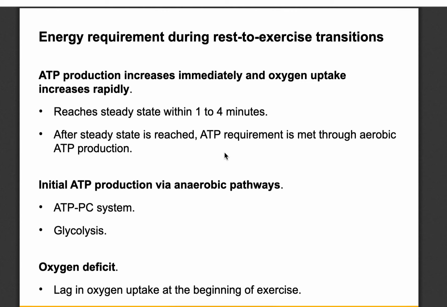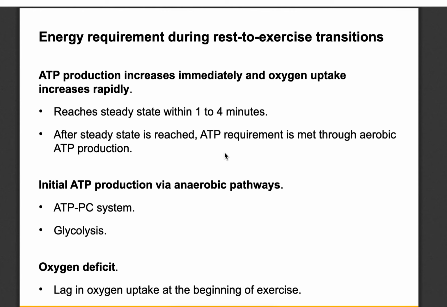If you've ever noticed, when you get scared and start running from something, or you're running really fast to catch somebody, and then you stop, at first you weren't breathing very hard. Then all of a sudden it hits you, maybe even after you've stopped, if it's a very short bout of exercise. This is called oxygen deficit. It's the lag in oxygen uptake at the beginning of exercise.